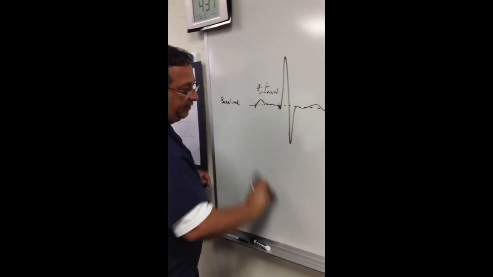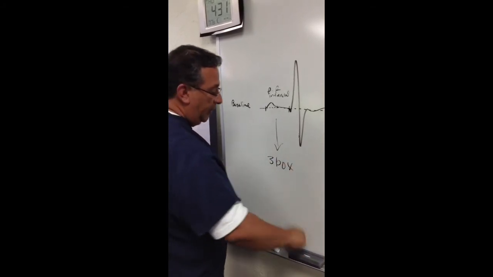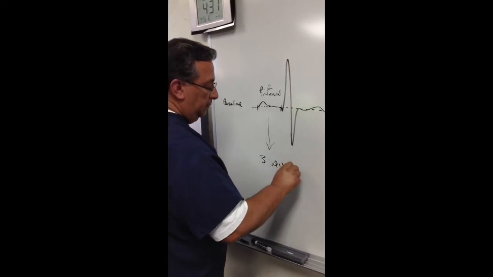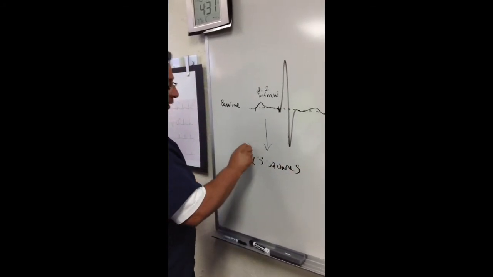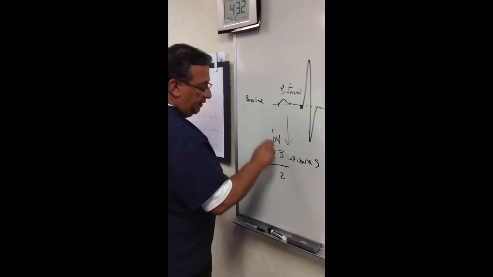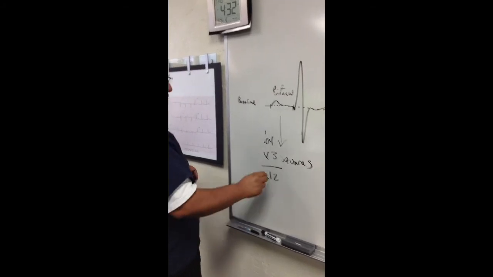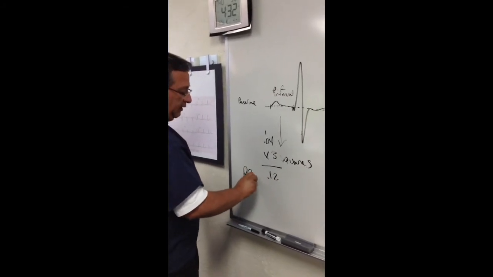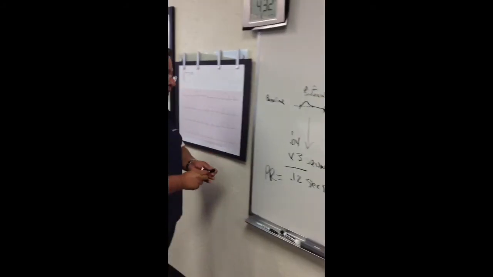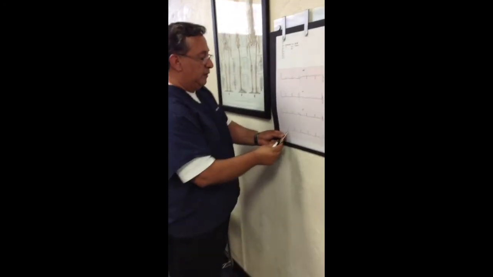You guys, this is not that hard. 3 small squares times 0.04 seconds. 3 times 4 is 12. And we'll bring our decimal point over. And so the PR interval equals 0.12 seconds.